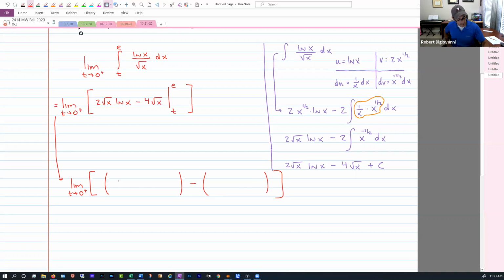When I plug in e, I get 2 square roots of e times natural log of e minus 4 square roots of e. And when I plug in t, I get 2 square roots of t natural log t minus 4 square roots of t.